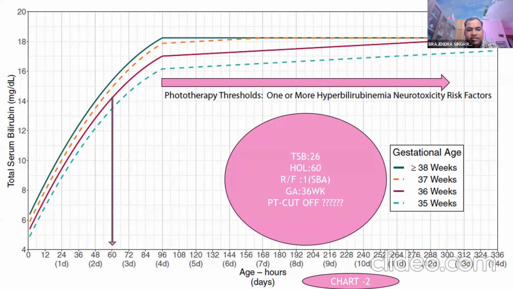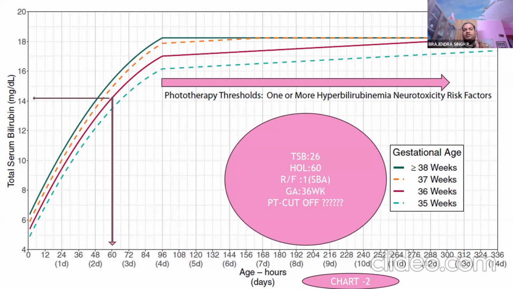the x-axis for 60 hours, and this graph reaches to this line because this is a baby of 36 weeks, and this line shows the bilirubin level for 36 weeks. So just check how much the cutoff is. This is showing 14.2.